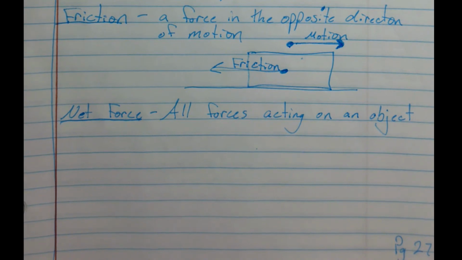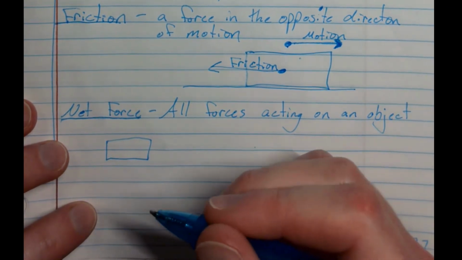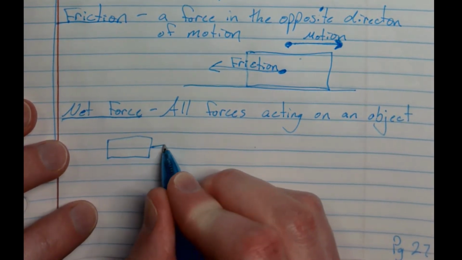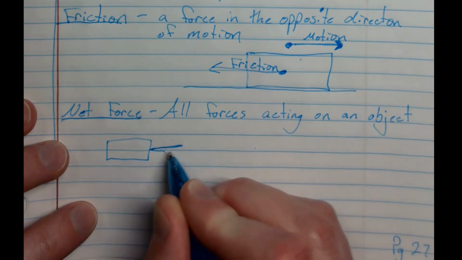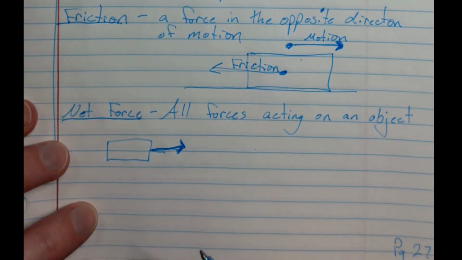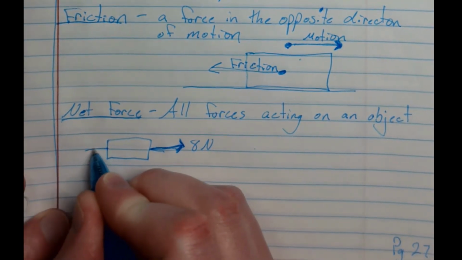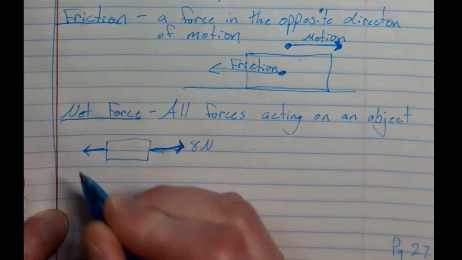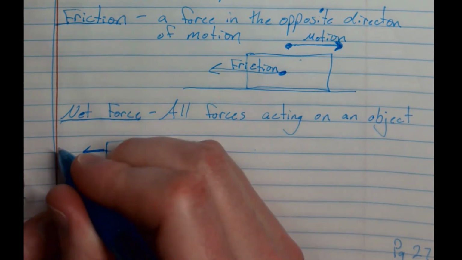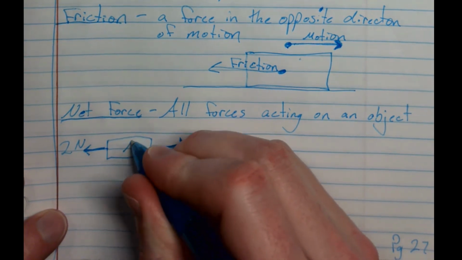Okay, so for example, we've got a bunch of examples. Let's say I have a box, and I'm going to draw a vector. We learned about vectors. So let's say my arrow is pointing to the right, and it's going to apply 8 newtons. And I have another vector to the left with just 2 newtons for A.